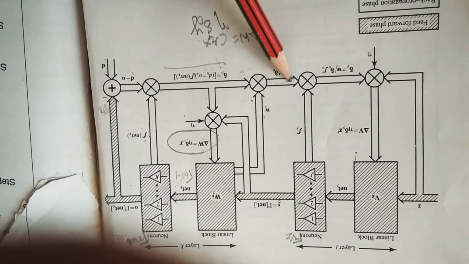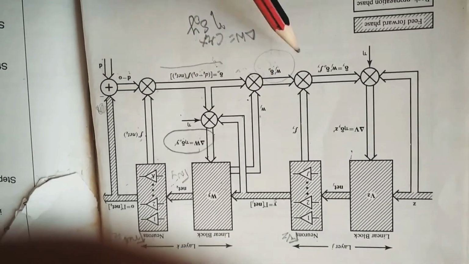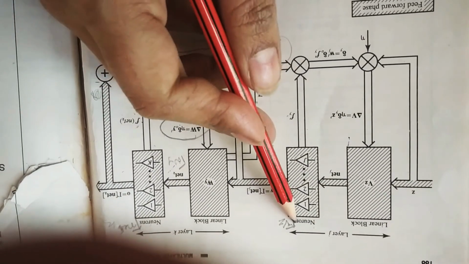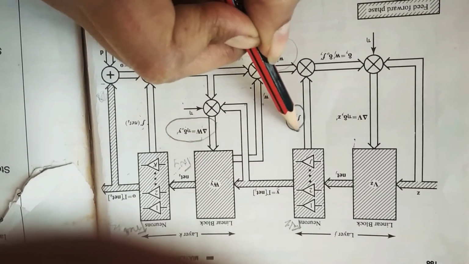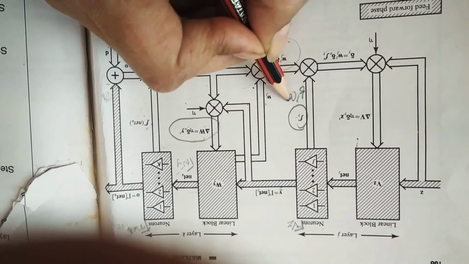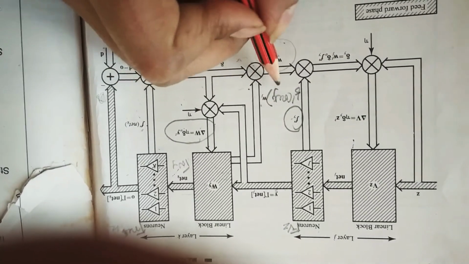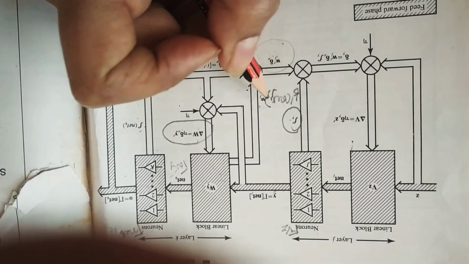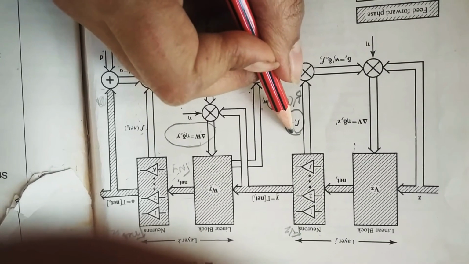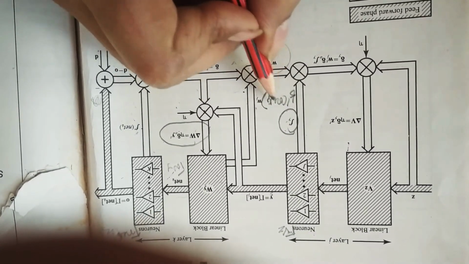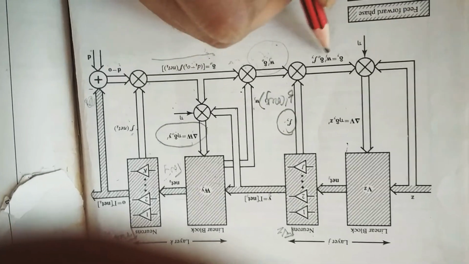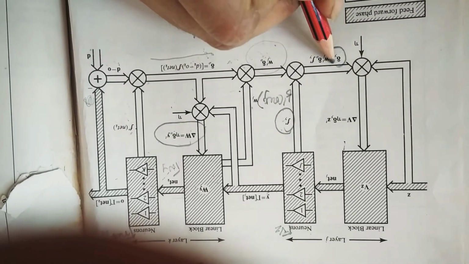Now this is the learning signal here. Now this learning signal is multiplied by the F dash of this signal. This is F dash of net J. Now F dash of net J, or you can say F dash of Y, it is the same. So F dash of net J, Wj, is basically the delta Y.